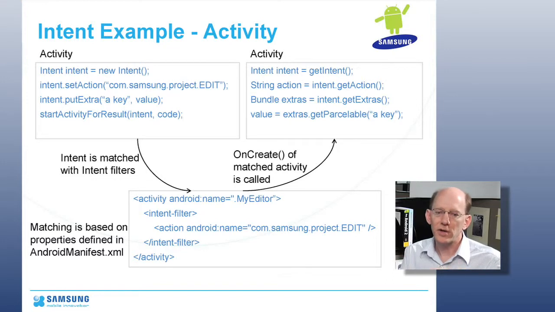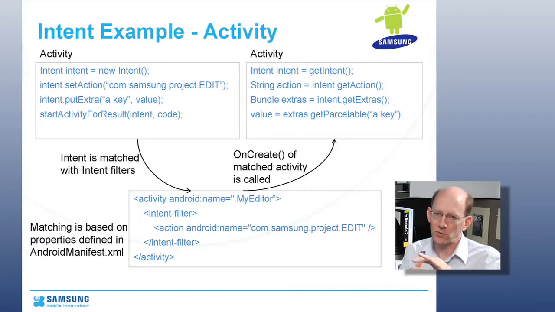You're then going to hand off the intent. There's two ways to hand it off. We'll just talk about the start activity for result today. And this is where you're handing this passive bunch of data to the Android system, and then the Android system is going to take care of looking inside this passive data and figuring out how to route it to an end destination. So it's going to go ahead and take that intent.